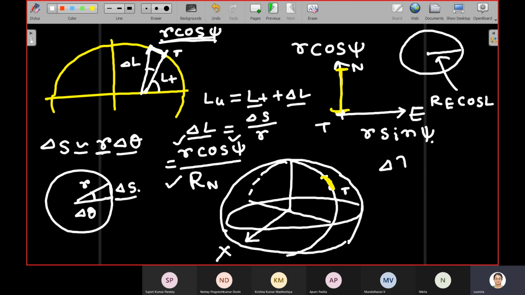Delta lambda is equal to R sin psi divided by the radius of the east-west circle. So this will give delta lambda.